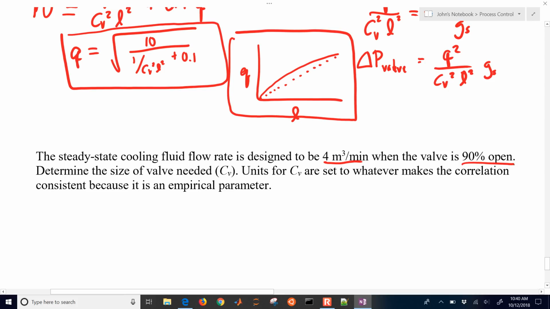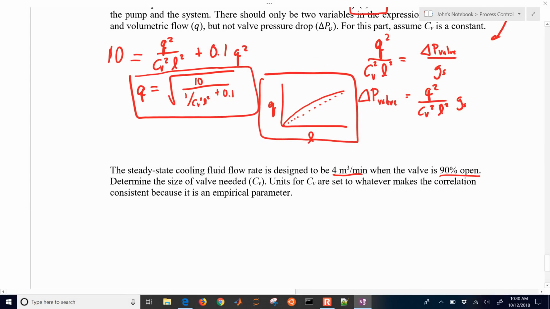We need to determine the size of the valve, and we primarily do that through the CV value. Units for CV are set to whatever makes the correlation consistent because it is an empirical parameter. So don't worry about the units for the CV as long as you're always using the same units for the other things in that correlation.